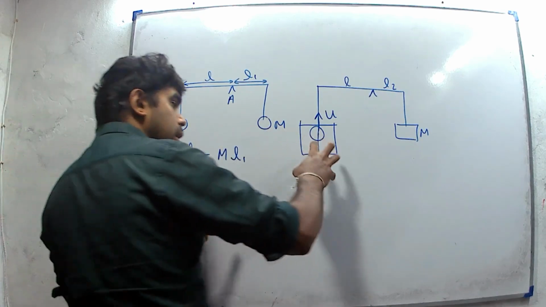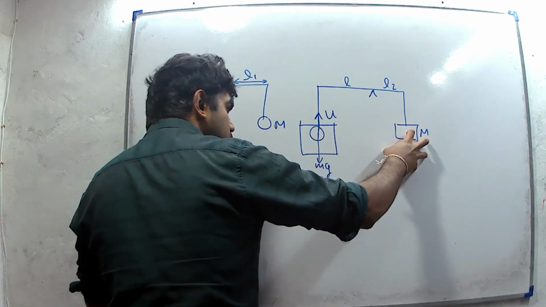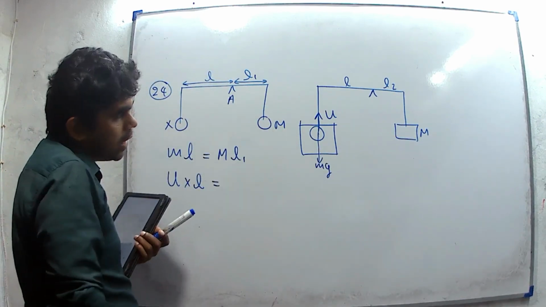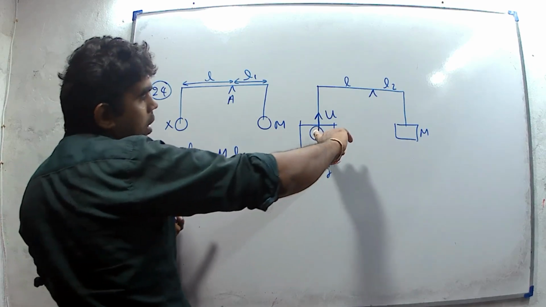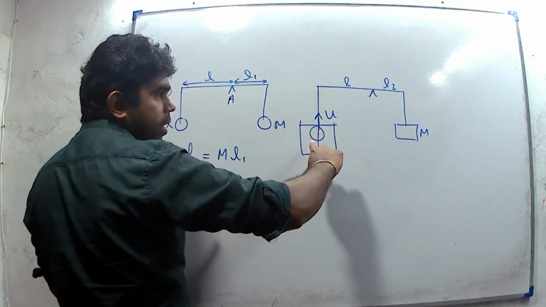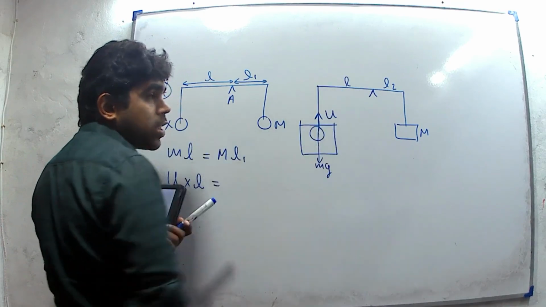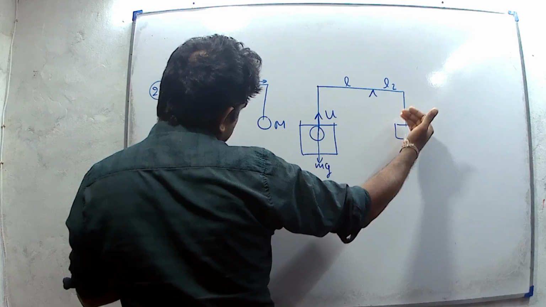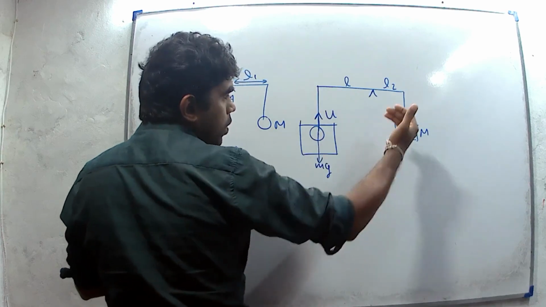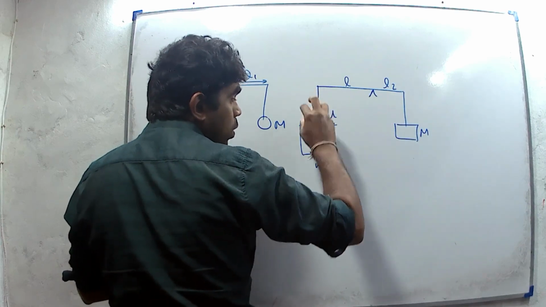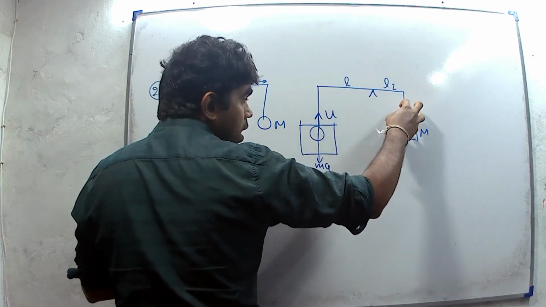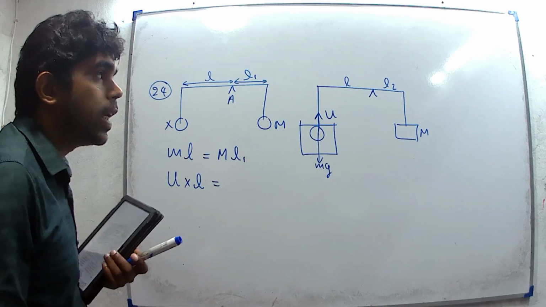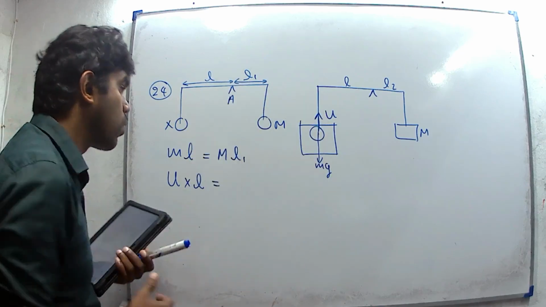Now mg and capital MG are weights in this system, but there is an upthrust in the clockwise direction. The clockwise upthrust should be equal to the decrease of torque in the counterclockwise direction.